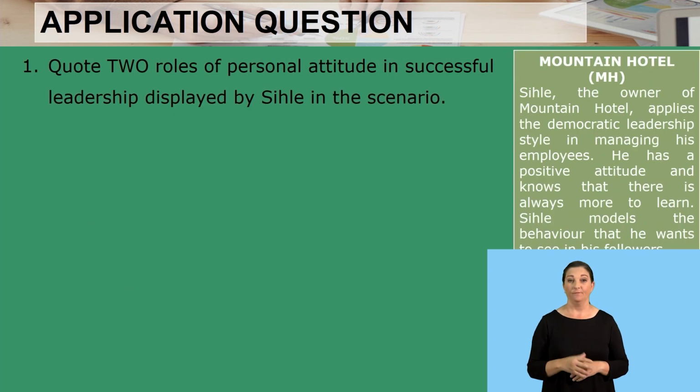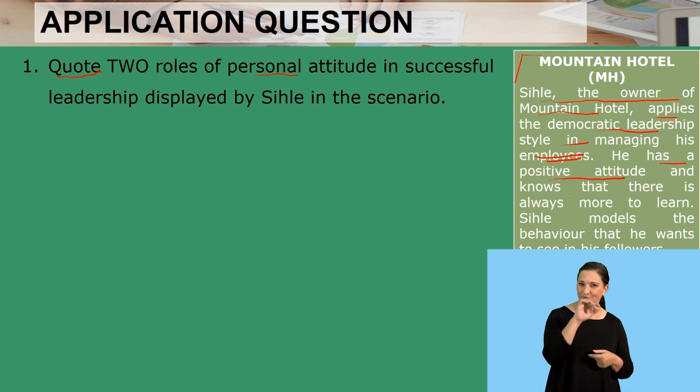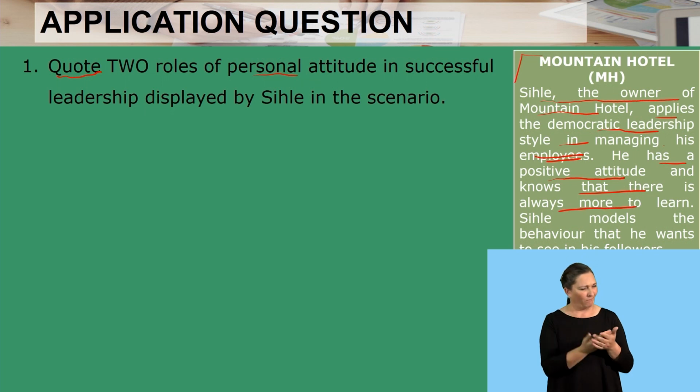What you are expected to do here is to quote the positive roles from the scenario. As you can see, the first part of the sentence talks about Sihle being the owner and applying democratic leadership style in managing his employees. Do we have an answer there? We don't have an answer in those first 2 sentences. However, the other one says he has a positive attitude and knows that there is always more to learn, and that shows the role of personal attitude, which is that the attitude is positive.